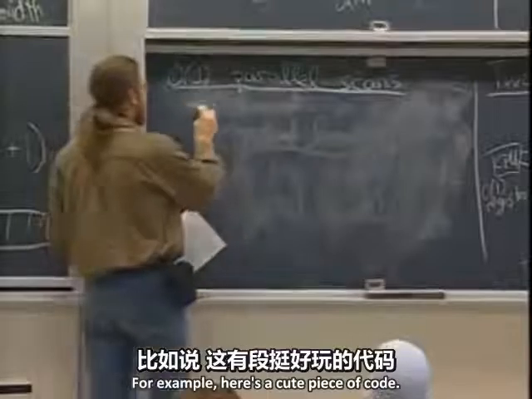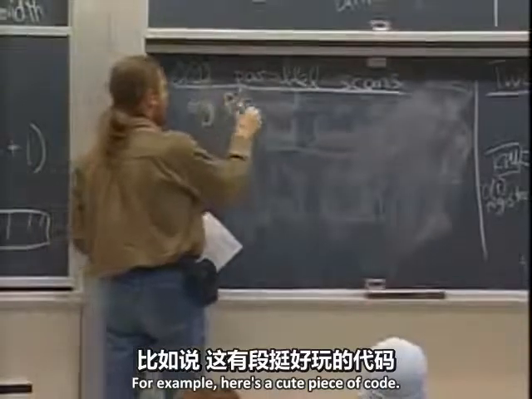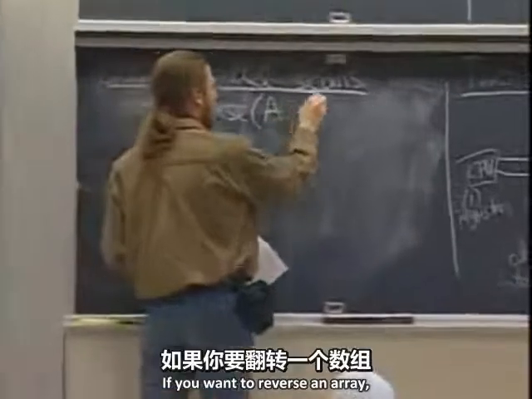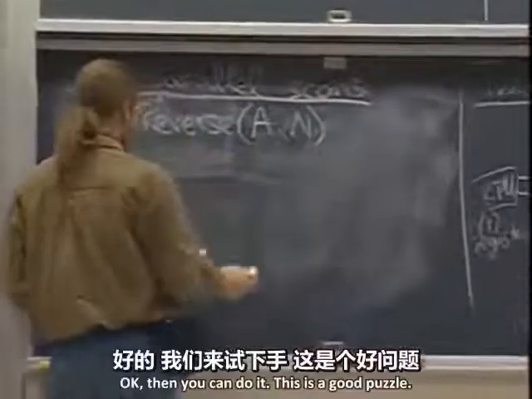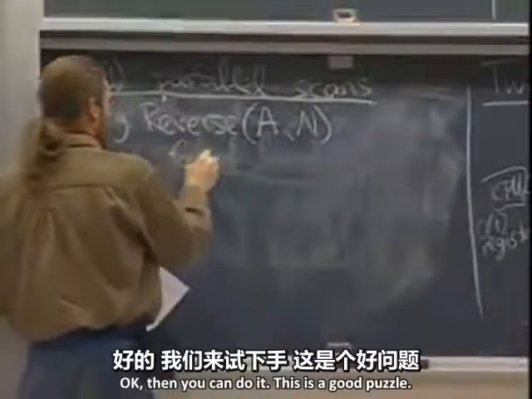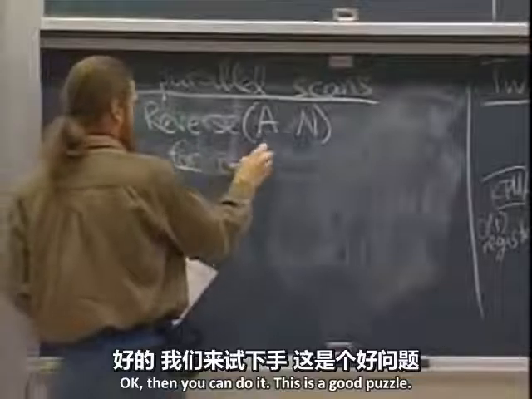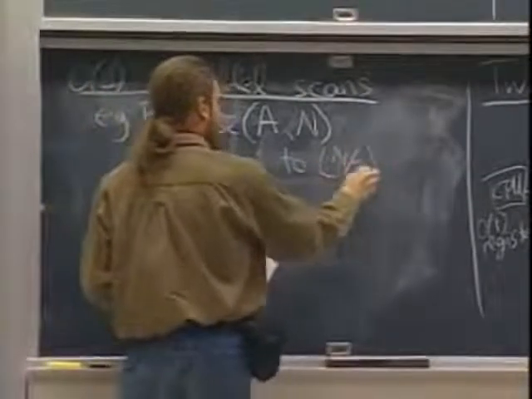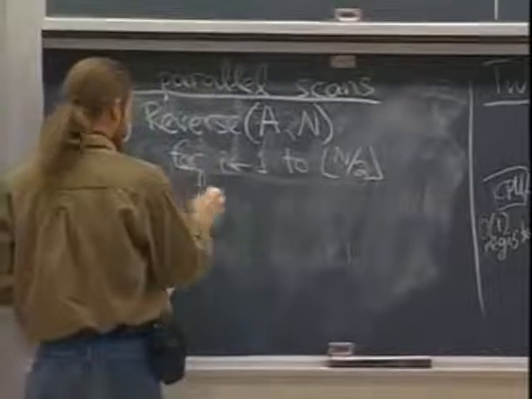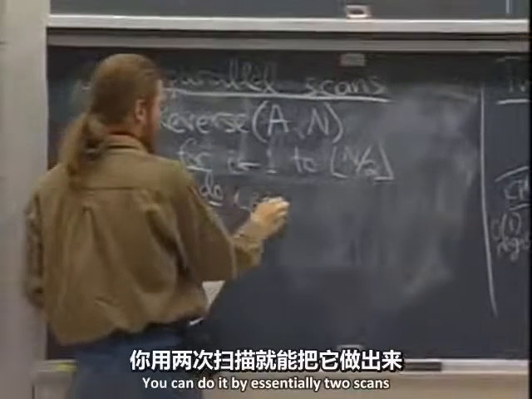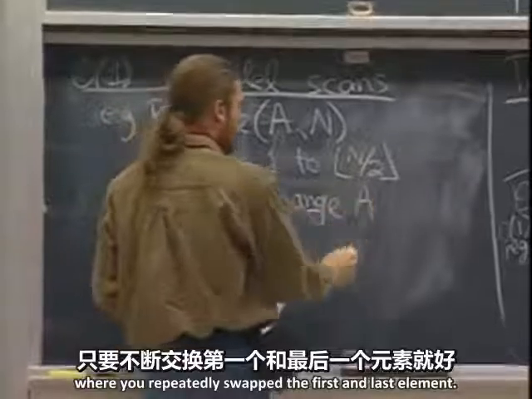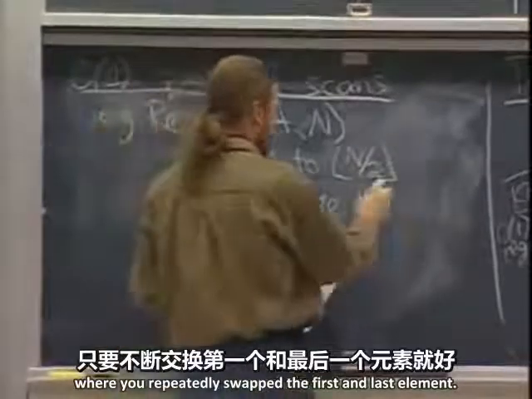For example, here's a cute piece of code. If you want to reverse an array, okay, then you can do it. This is a good puzzle. You can do it by essentially 2 scans where you repeatedly swap the first and last element.